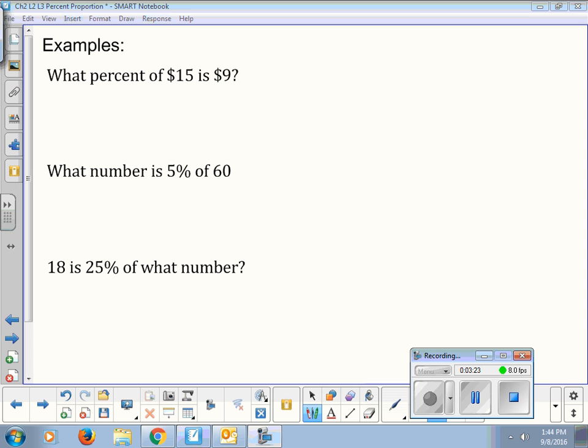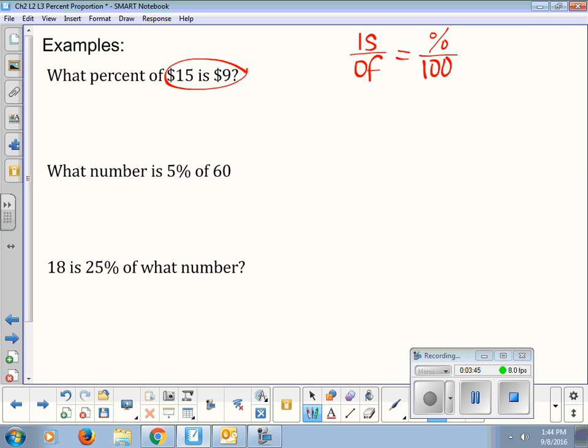Okay, if we go over our first example, it says what percent of $15 is $9? Just for reference, I'm going to write our proportion at the top of my slide. Look at our question. Do we see a percent sign? No. So what are we solving for? The percent. We don't know what the percent is. So when I write my two fractions, I'm writing my second fraction as my percent over 100.